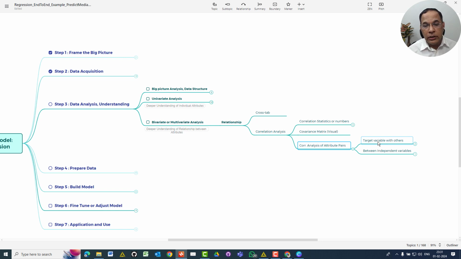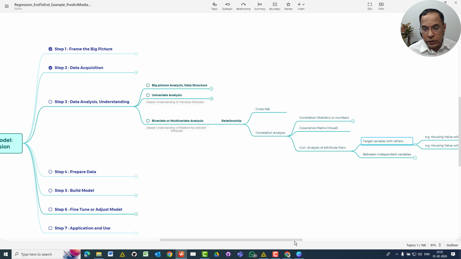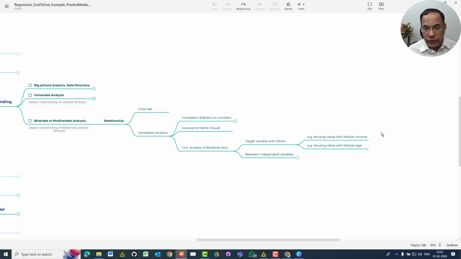So this could be what's the relationship between age and price, number of rooms and price, number of households and then price, and so on and so forth, right? So you may definitely want to do that to understand the nature of the relationship, what the data is telling me by way of analysis, and then between the attributes as well, you may want to do those kinds of analysis and so on and so forth, right? So that is the sort of example I've talked about here, and you can go from there.